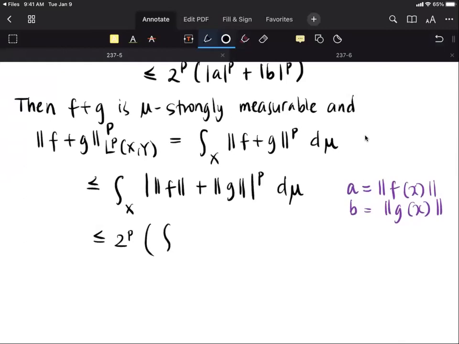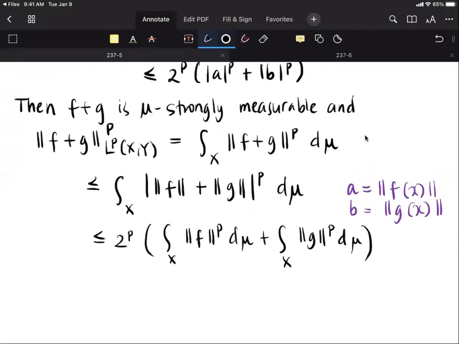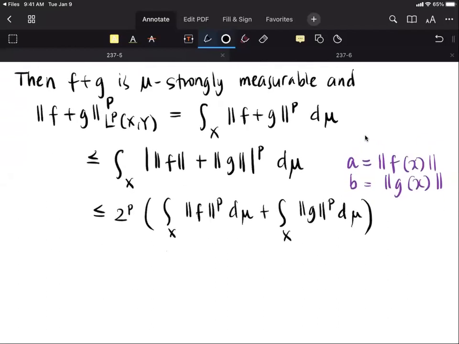Here I will apply the linearity of the Lebesgue-Bochner integral. So this is the integral of the norm of f raised to p d mu plus the integral over x of the norm of g raised to p d mu. Since f and g are in LP, this is finite.